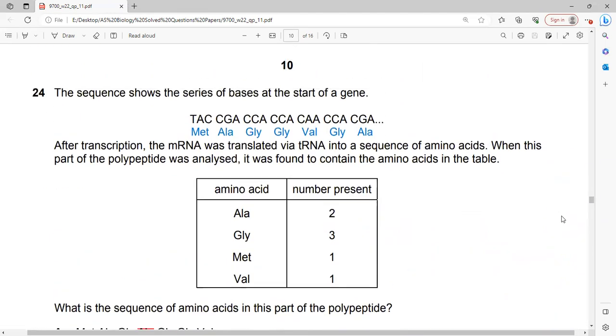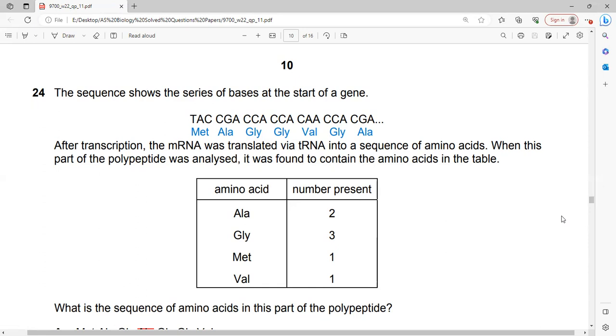Now, the next question says the sequence shows the series of bases at the start of a gene. So the gene is going to start and this sequence of bases is given there, and messenger RNA and transfer RNA play their role in arranging the amino acids according to the sequence of DNA.